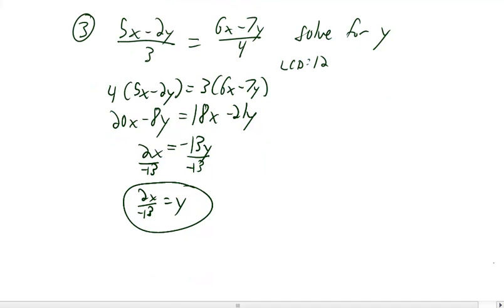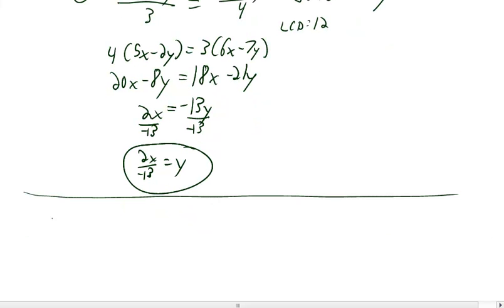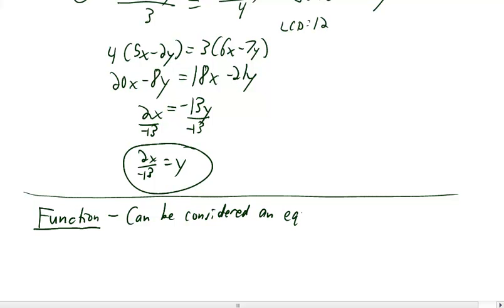This could be important because in one sense, this word function, which we're going to be getting to for the entire chapter, a function can be considered an equation that is solved for y.